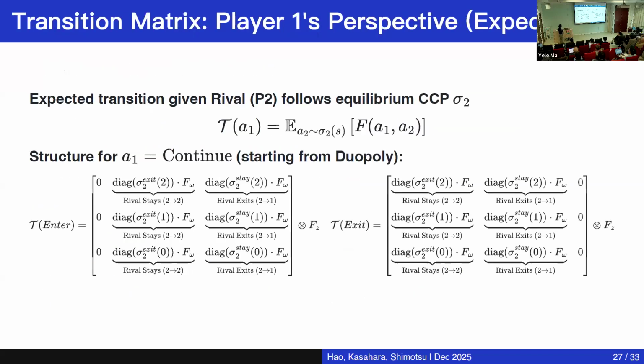And then the transition, if you're standing at the angle of firm 1, the transition matrix, if you take action, enter or exit, looks something like this. So it looks like a Heidelman structure where each block has a different CCP characterization.